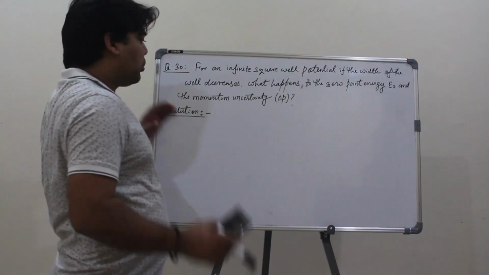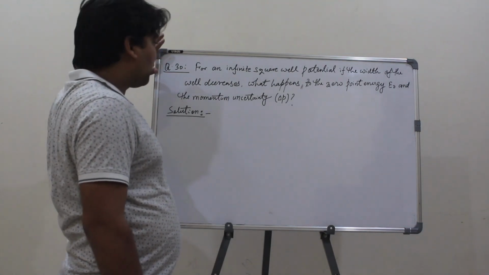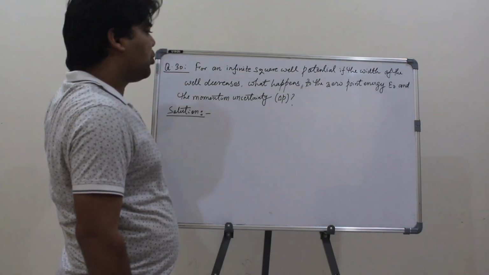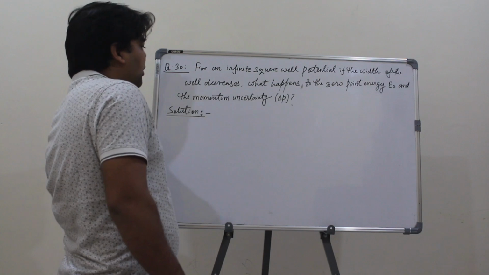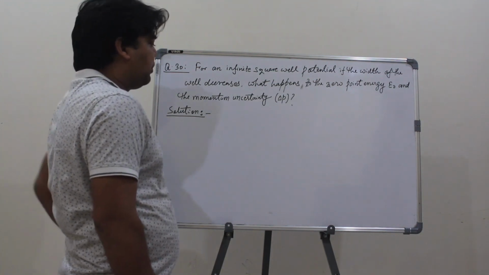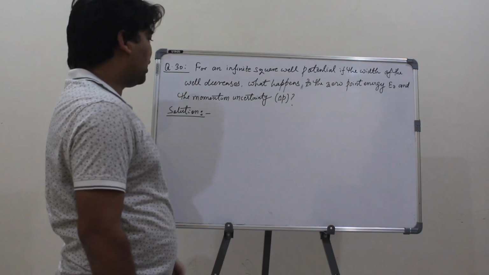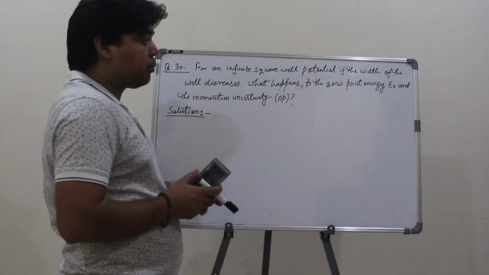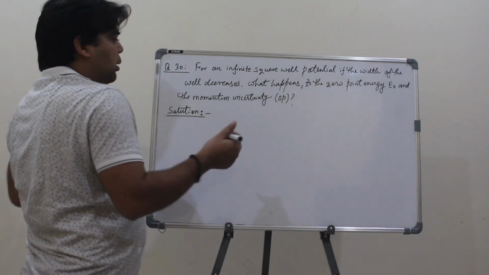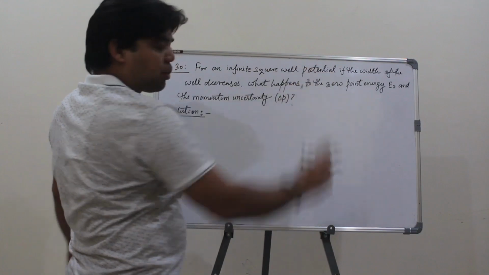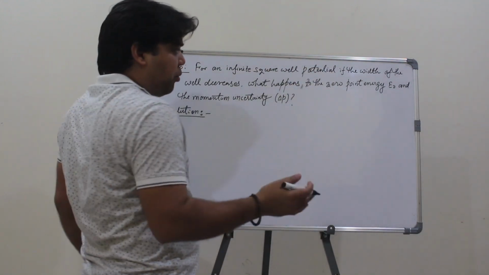Right? Let's come to one more problem, which says that for an infinite square well potential, if the width of the well decreases, what happens to the zero point energy E naught and the momentum uncertainty delta P? So infinite square well means that its potential energy inside the well is 0.